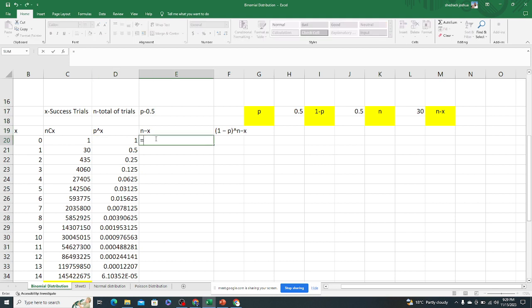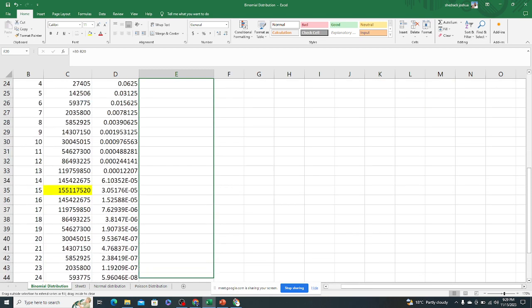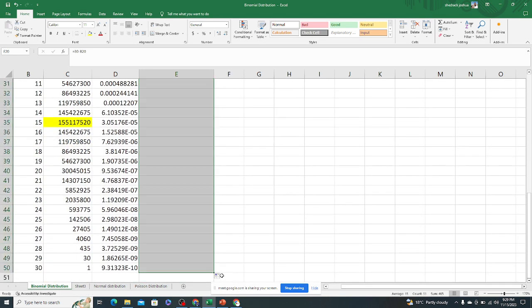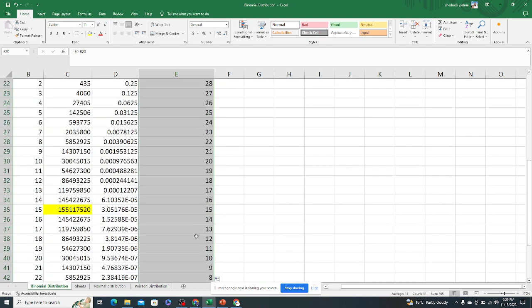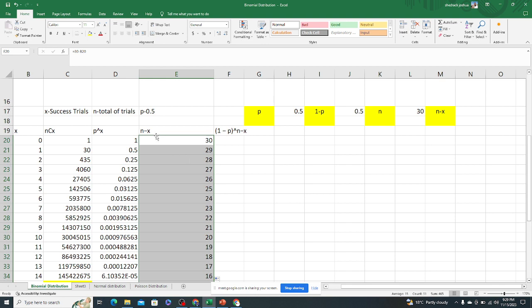So in this case, we now have n minus x. We know our n is 30, and we need to minus the number of successful trials. So we are going to calculate n minus x.